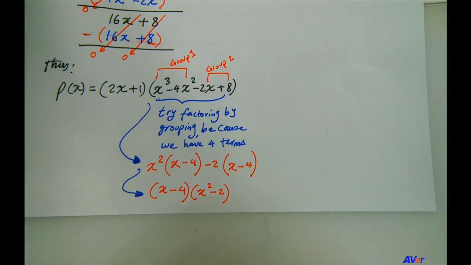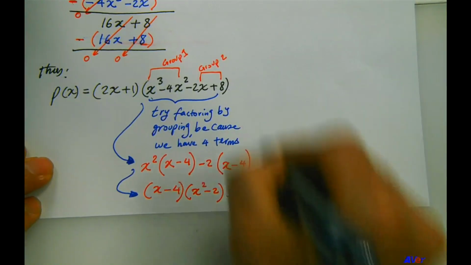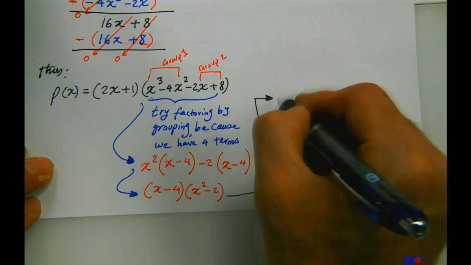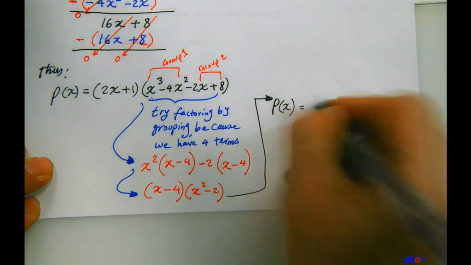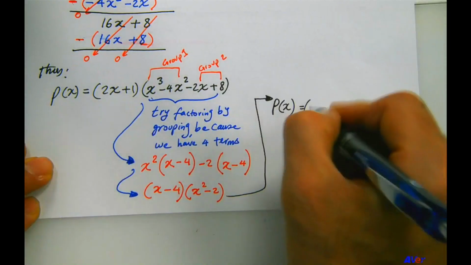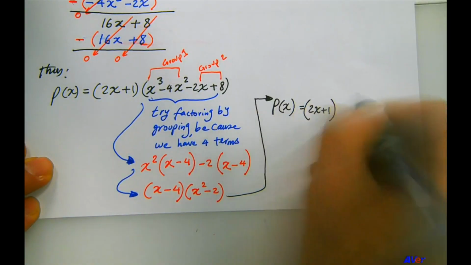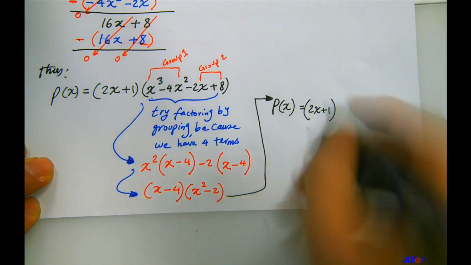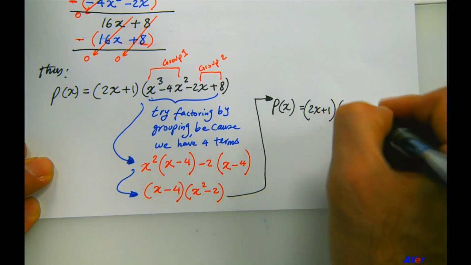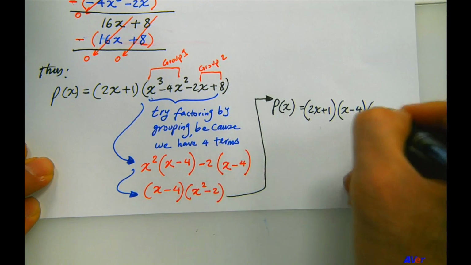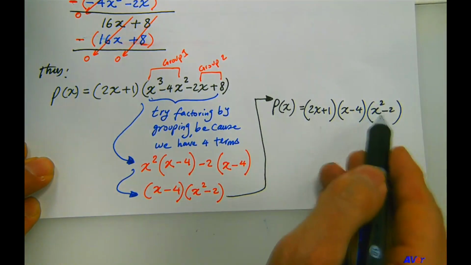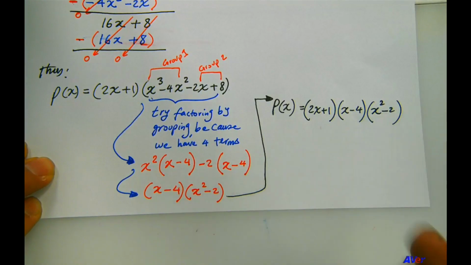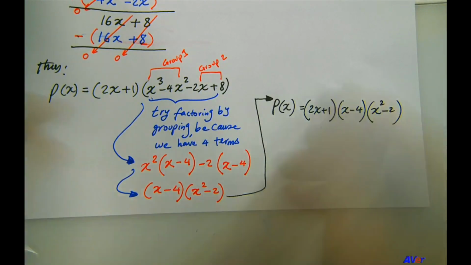So let me write that up here. So the polynomial, this is the original polynomial, is equal to this factor, 2x plus 1, times x minus 4, times x squared minus 2. Can you even expand that more? Yes, you could. Right?